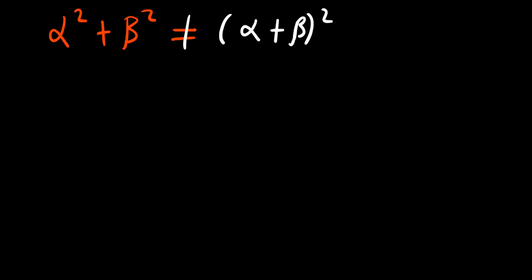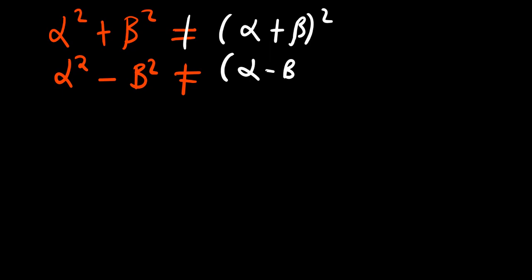No, they are not equal. Then another expression is alpha squared minus beta squared. This is not equal to alpha minus beta squared. They are not equal. So you don't have to make this mistake.